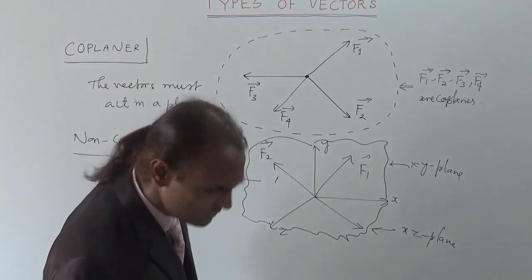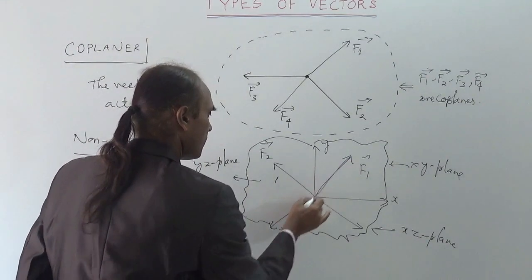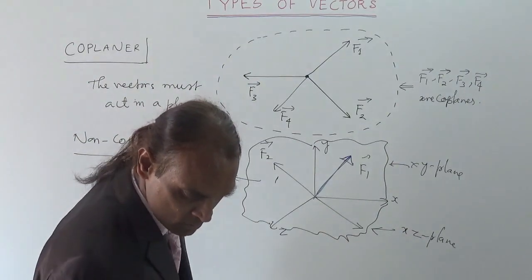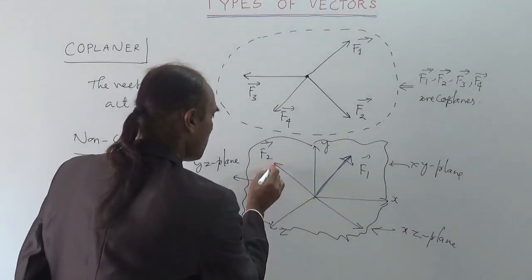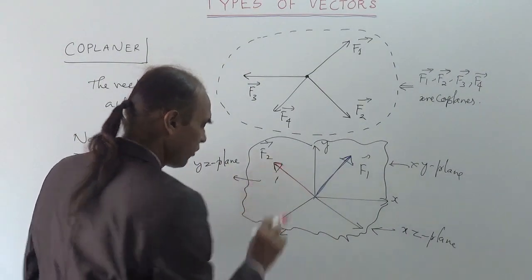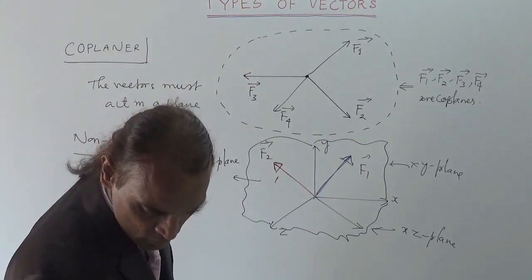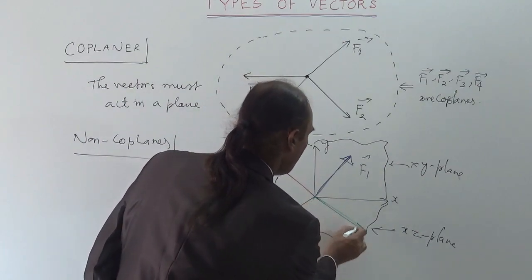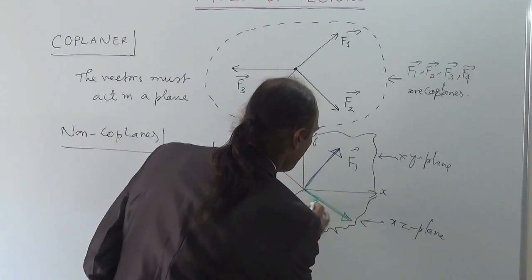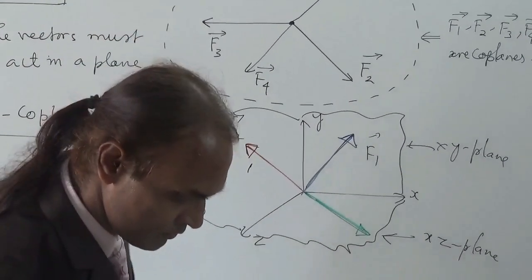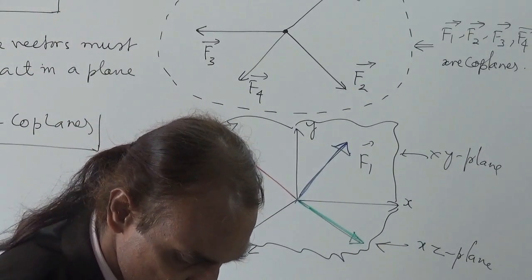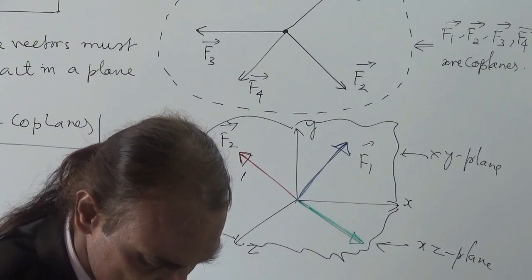These three vectors, F1, F2, and F3, act in different planes.